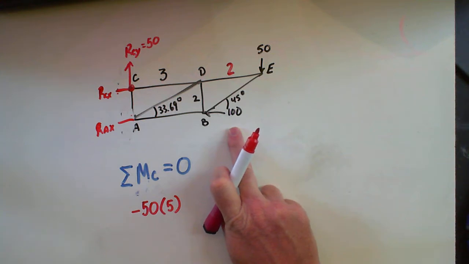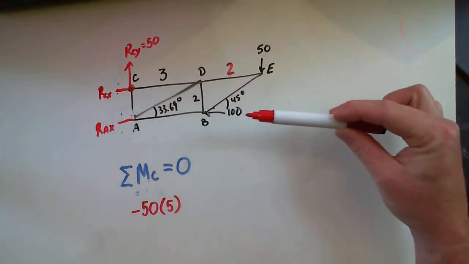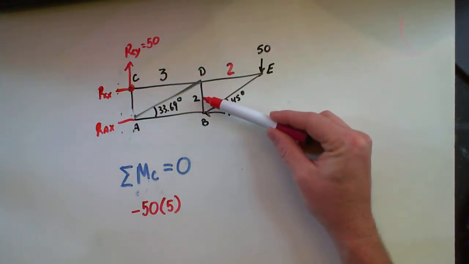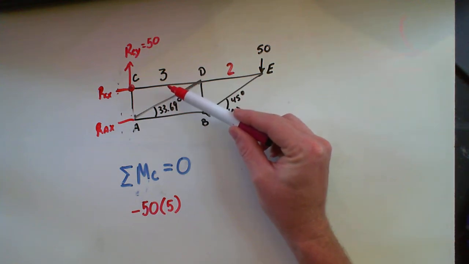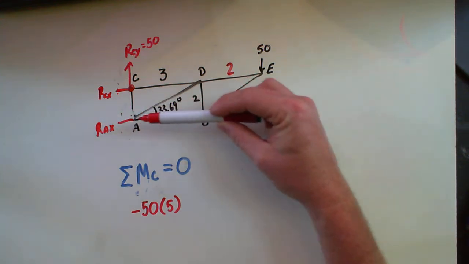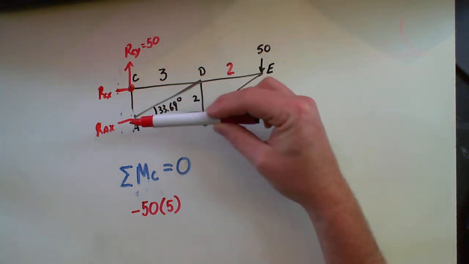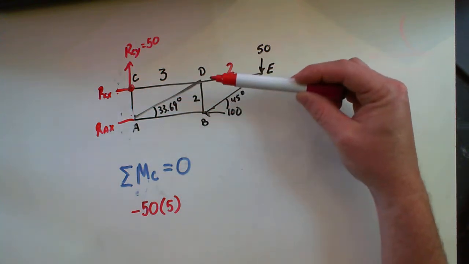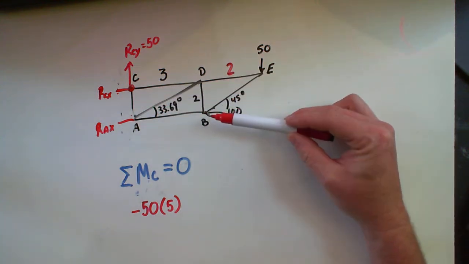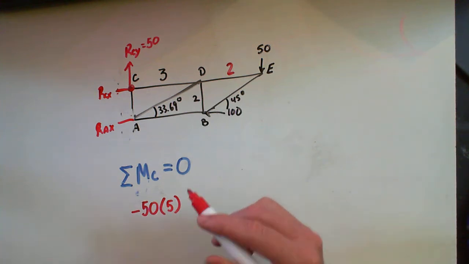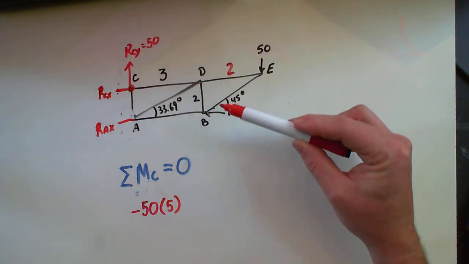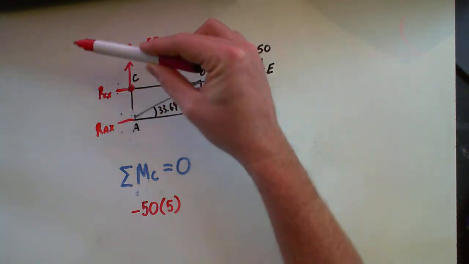Then we have this 100. This is a horizontal force, so we are interested in vertical distance. So the distance is 2. This 3 is not relevant in moment because it is in the same axis as the actual force. The 2 is the perpendicular distance from RCX down to this point B. So that 100 is a distance of 2. And the 100 coming in and going around C in that direction, that is also clockwise.